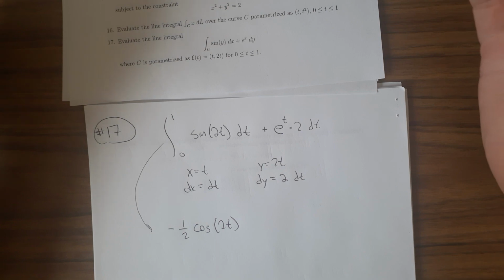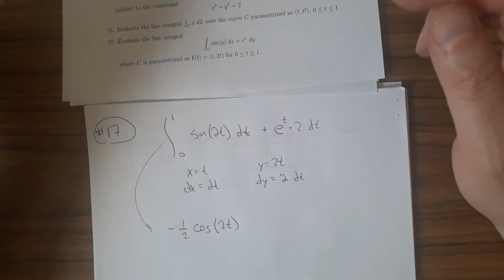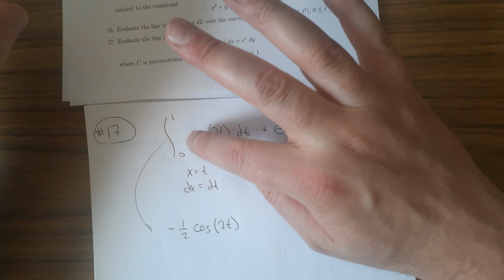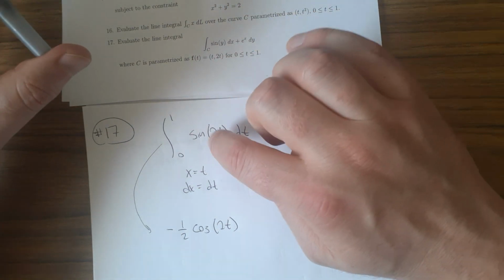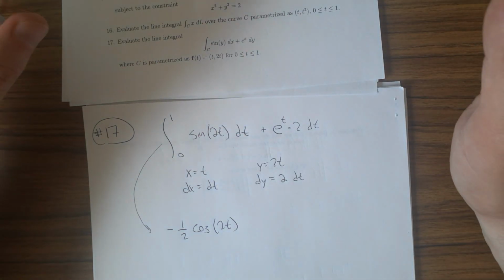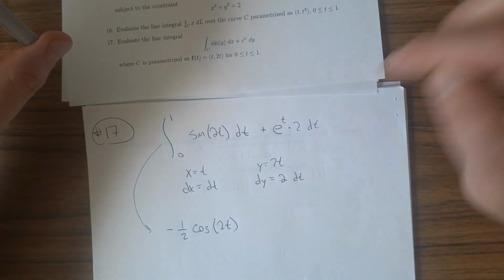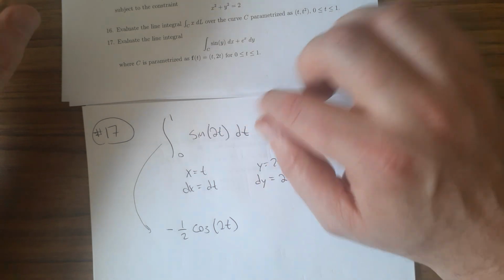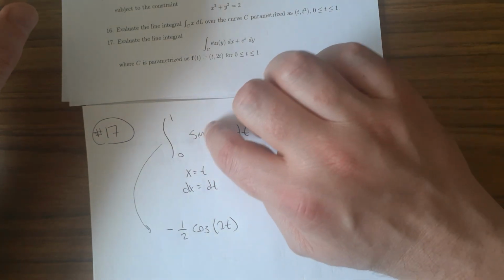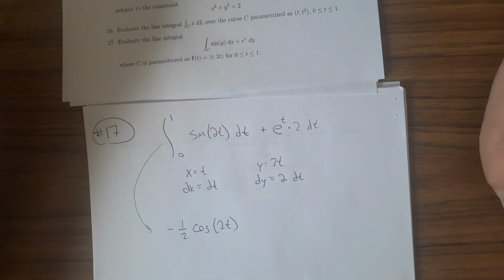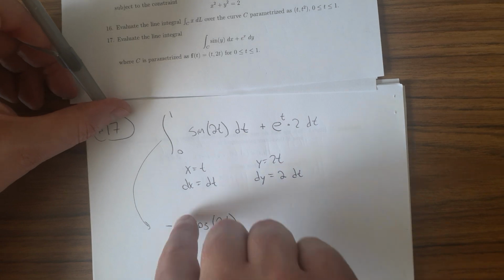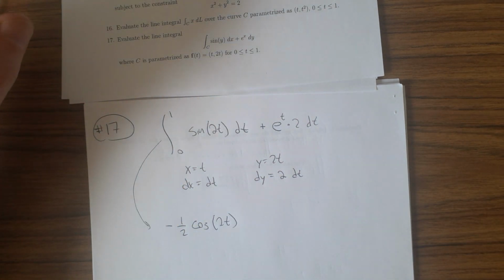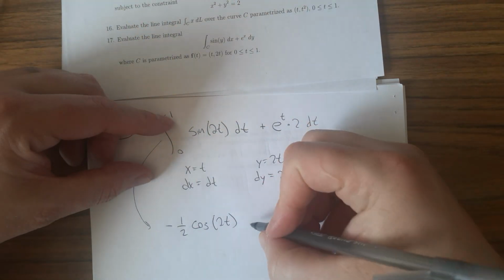What I'm doing here is I'm skipping the work of a very simple u substitution. If you prefer to go through the work of letting u equal 2t and then carrying out that u substitution, you'll get this. But the shortcut is, if I have a constant times t in here, and instead of sine t, I have sine 2t, then the 2 stays on the inside and I do 1 over that constant on the outside. That's the shortcut I remember.